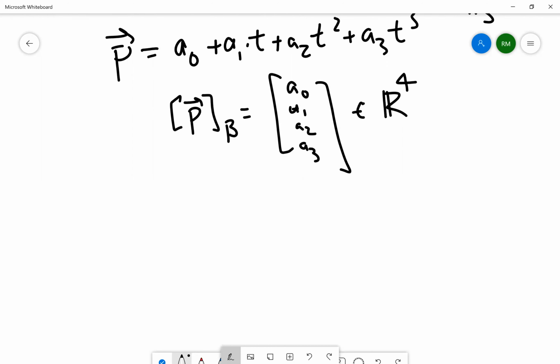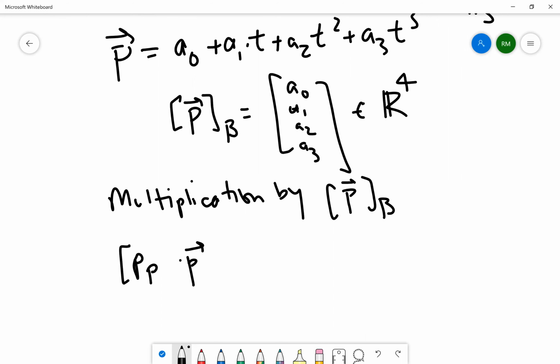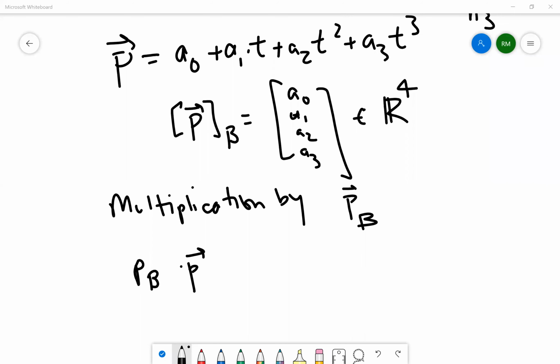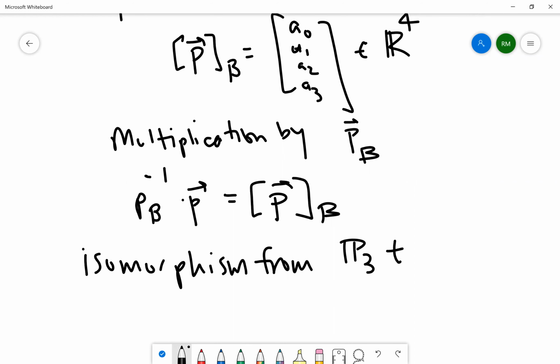And so what this tells me is that multiplication by my coordinate matrix, where I take my polynomial p, so I take my matrix P beta, my coordinate matrix, I take the inverse, and I multiply it by p to get p in beta coordinates, and I see that this is an isomorphism from P3 to R4.